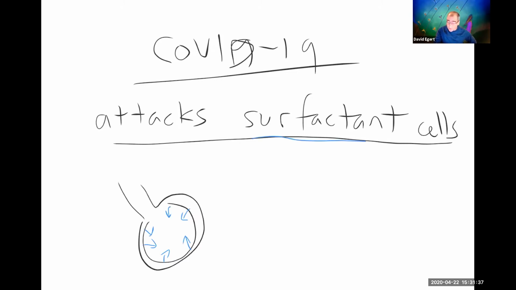Surfactant is like a detergent that can break that surface tension. It basically disrupts the attractions between the water molecules, so you have less surface tension and it's easier to inflate.